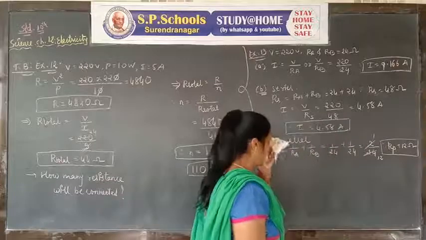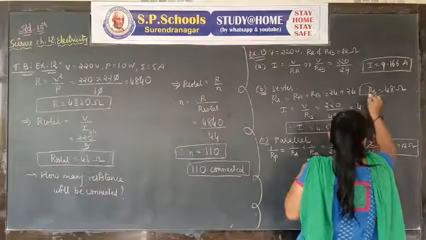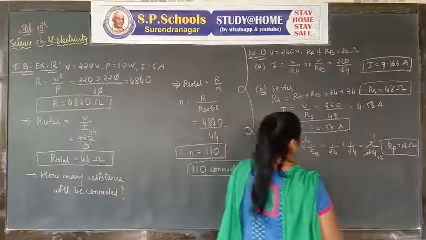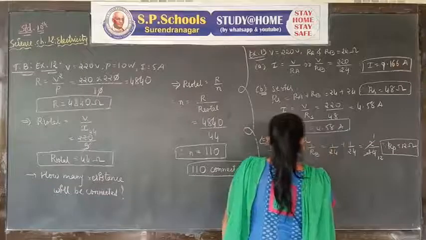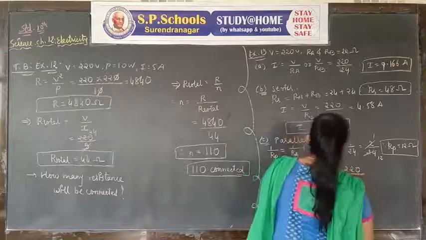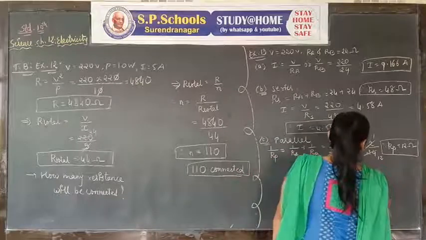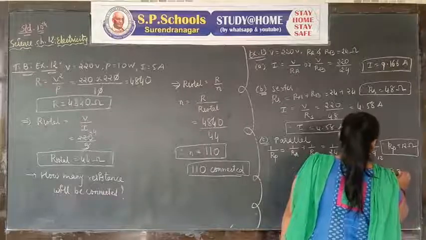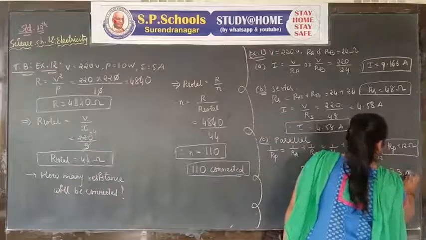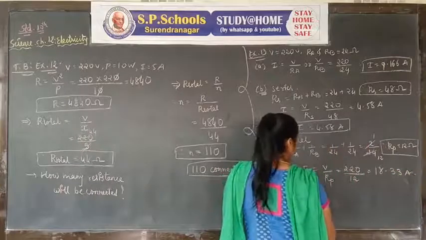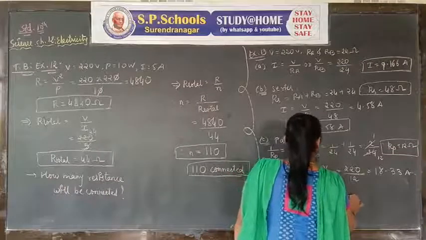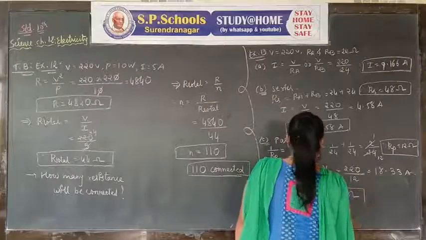With the help of this resistance, we find the electric current easily. I is equal to V upon Rp. It is in parallel combination. 220 upon 12. So it will be 18.33 ampere. I is equal to 18.33 ampere.